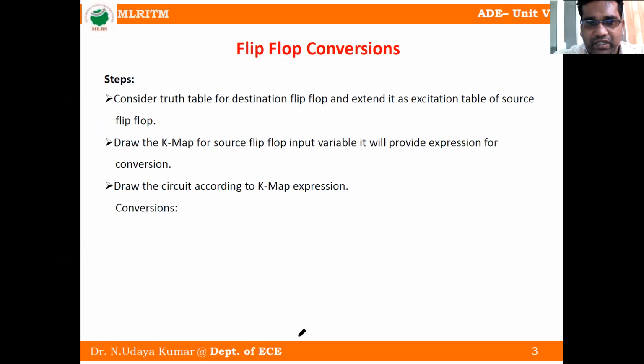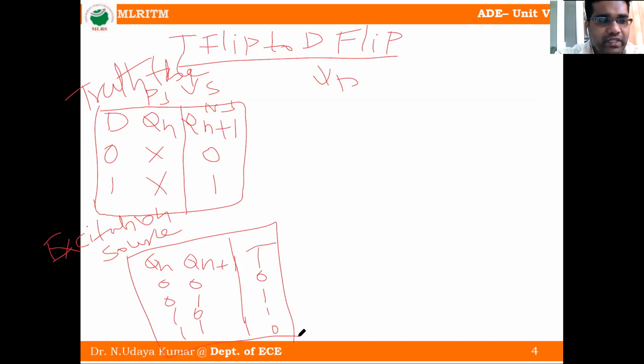Now, what is the first step? Consider the truth table for the destination flip-flop and extend it as the excitation table. We have to extend here. How to extend? This one is D, Qn, Qn plus 1 and T. D input is 0, and here don't care means either 0 or 1.